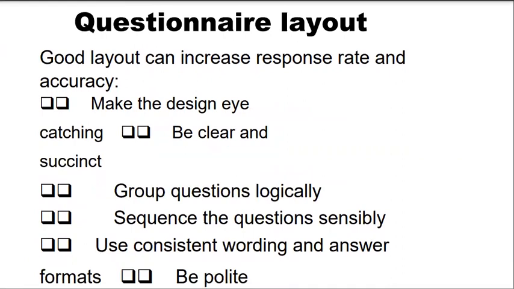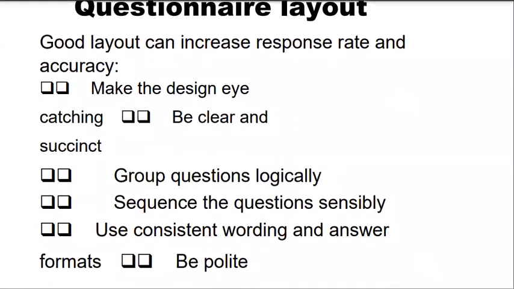Questions layout. Good layout can increase response rate. So you want to group the questions. You don't want to have questions in different sections, very unclear. You cannot ask somebody's age, then the next thing you're asking the person's likes or dislikes. After 5, 10 questions in that range, you now ask the person's gender.